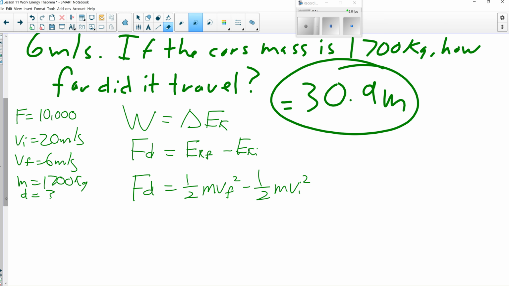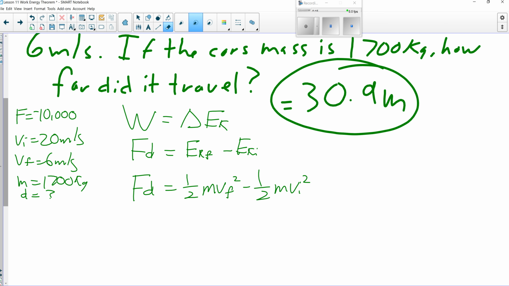Okay? But then people are like, but then my distance comes out negative. And that's where I haven't taught you this, so it's okay for you to be confused on that. If I'm going to slow down, which way is the force pushing the car? The other way. This number's also actually negative.